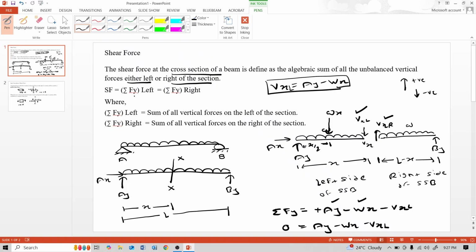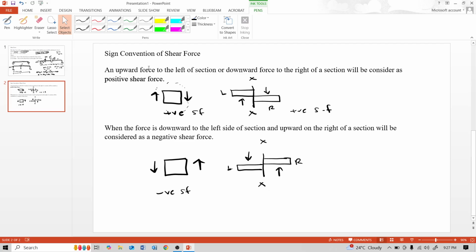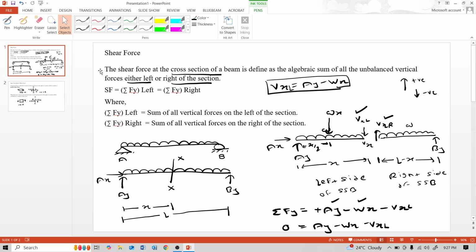So either summation of vertical forces on the left side or summation of vertical forces on the right side, and here the sign convention of the shear force: upward force to the left of the section or downward force to the right of the section will be considered as positive shear force. Here this is section xx, and this is downward force Vxl and upward force Vxr.